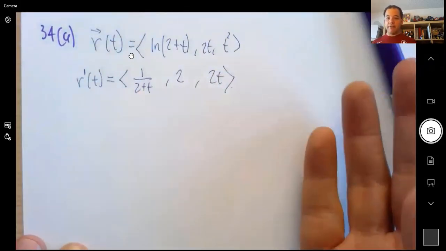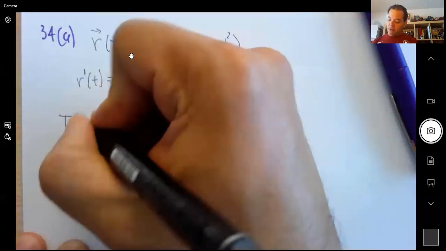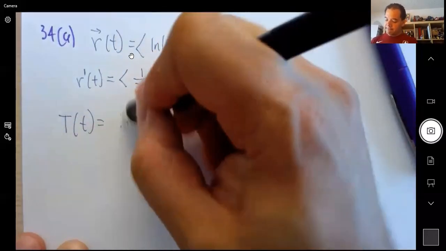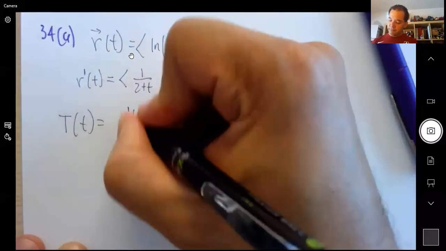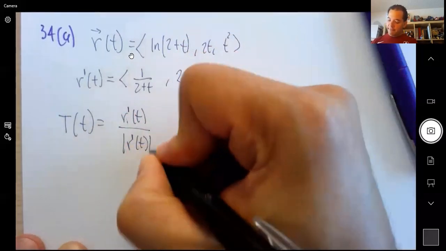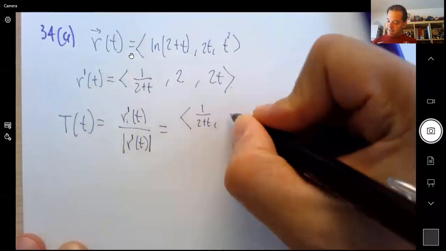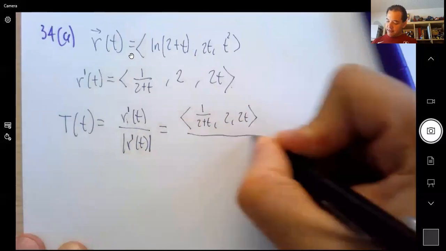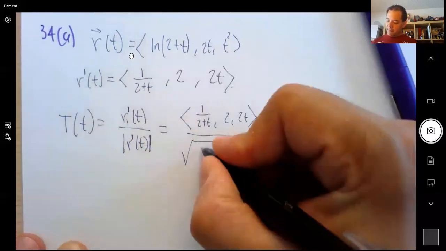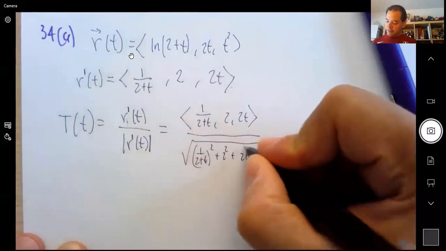So that's the derivative. And then to find the unit tangent vector, all you need to do is take the derivative that we just did divided by the magnitude of the derivative. So this vector divided by the magnitude of this same vector, which is the square root of 1 squared plus 2 squared plus (2t) squared.